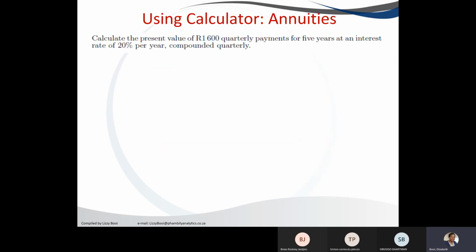So looking at an example such as this: calculate the present value of a 1,600 payment given for 5 years at an interest rate of 20% per year, compounded quarterly. The first step of everything that you do is always to state what you are given, based on the formula that you are going to be using.